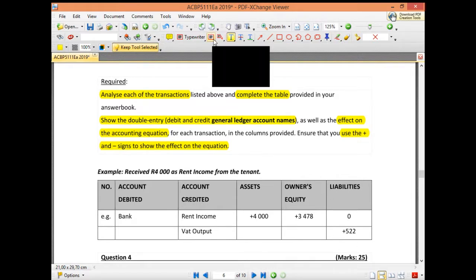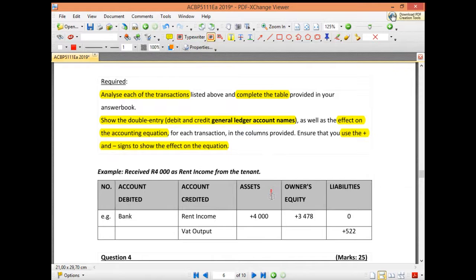That is how you know if it is balancing. So if I take the 522 here and add it to the 3478, that should equal 4,000. That is how you test in a test or an exam whether you have balanced your accounting entry.